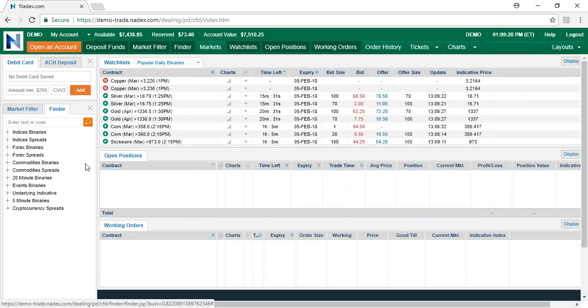If you're a spreads trader, try some binaries in your demo account. See which one works out better for you. Then go back and examine those trades and see which one worked better. Why did it work better in that particular trade setup or that particular market condition? And if you track that and keep a trade journal of that, it'll help you start seeing for yourself, okay, these particular types of setups and market conditions seem to work better with a spread or seem to work better with a binary, okay?